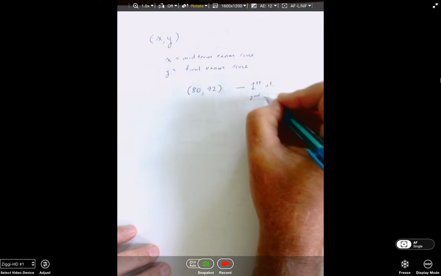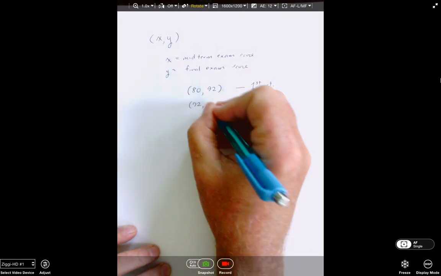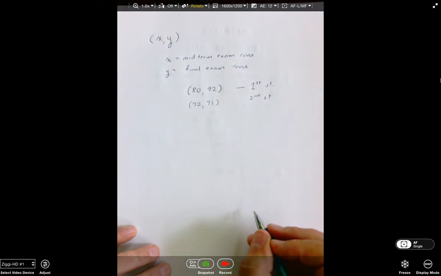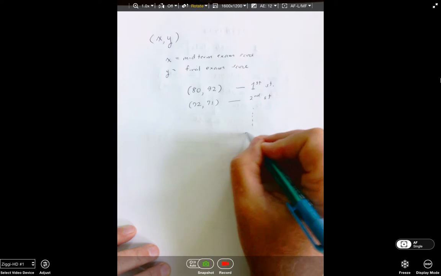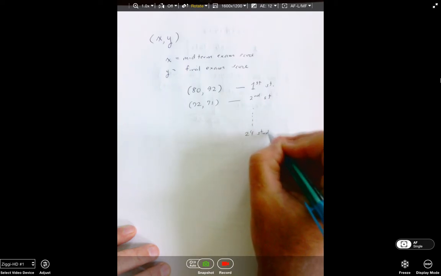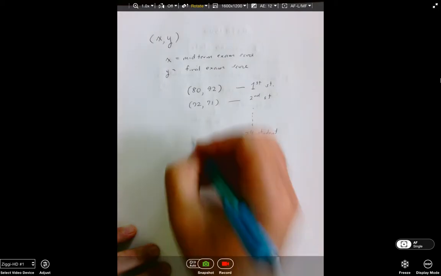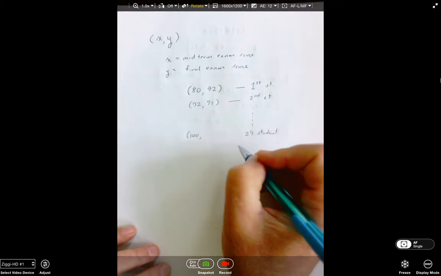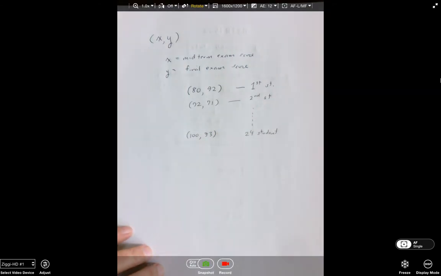The second student scored a 72 on the midterm and a 71 on the final. So we come down to the 24th student, who scored a 100 on the midterm and scored a 93 on the final.